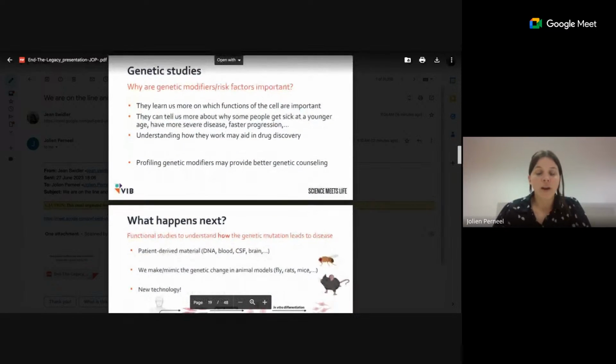In addition, profiling these genetic modifiers may also provide better genetic counseling for at-risk individuals, which is very important, as it may help to predict whether or not the individual may develop disease.